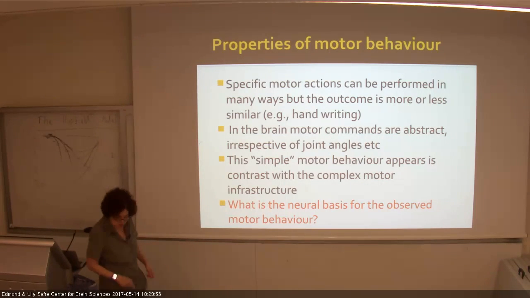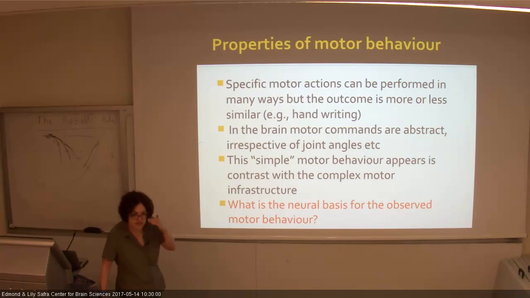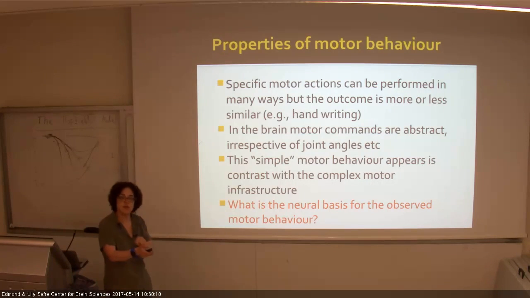We think that tells us that in the brain, motor commands are abstract, irrespective of the joint angles. So at least at some level, motor commands are coded in an abstract manner, not dependent on the exact effector that you are using.